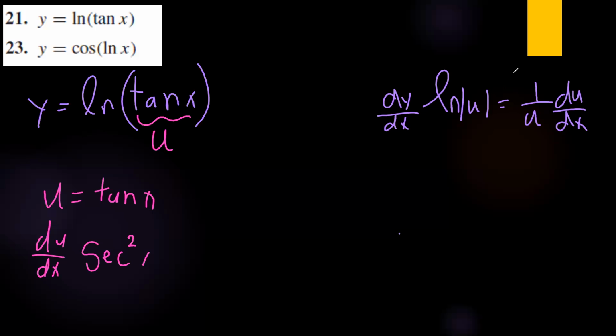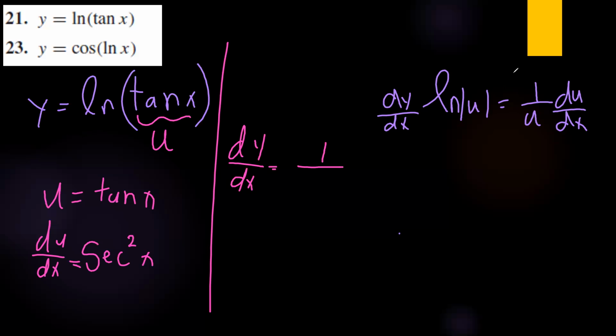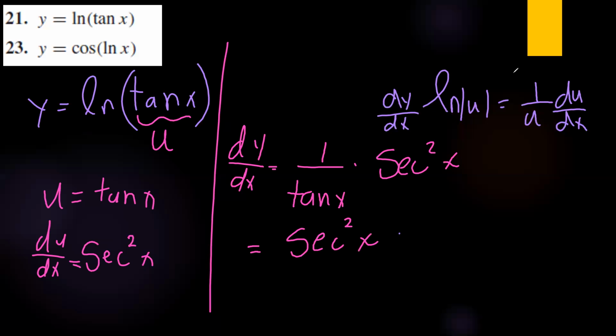Secant squared x. Yes. So u is tan and du over dx is secant squared. Then dy over dx is 1 over u, which is 1 over tan x, times du over dx, which is secant squared. So the result here will be secant squared x over tan x.